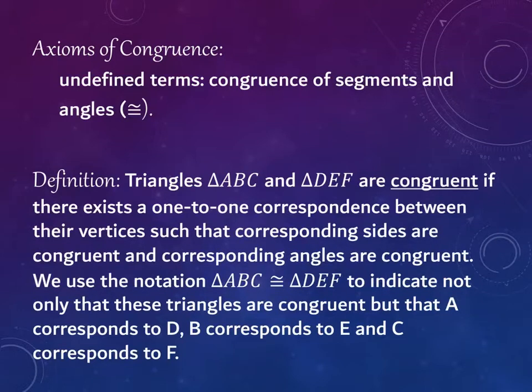So literally what we need is 3 pairs of congruent sides, 3 pairs of congruent angles. This is the notation we use, the same one you know and love from before, to indicate not only that the triangles are congruent, but also the order of congruence. A corresponds to D, B to E, and C to F.